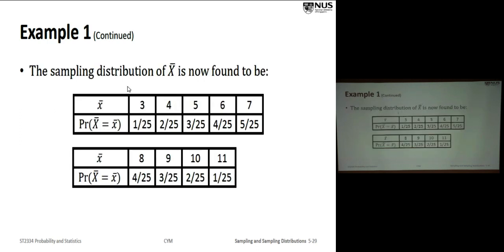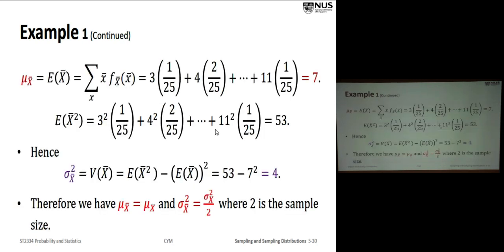All you have to do is 3 times 1 over 25 plus 4 times 2 over 25 plus 5 times 3 over 25 plus ... plus 11 times 1 over 25. That's what you get, and you get 7. You should recognize that number if you've been listening to me, because that was actually the mean of the random variable x.